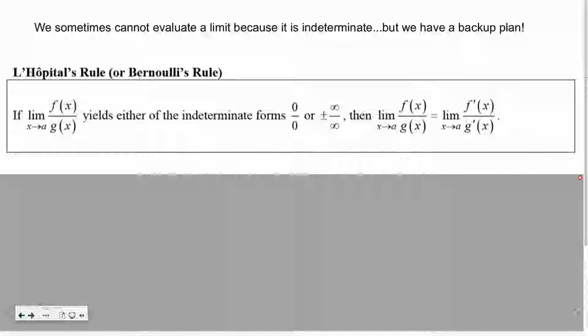Okay, so some of you are panicking that you're going to have to do the quotient rule. Do you have to do the quotient rule? Well, if it's indeterminate like that, the whole rule will work.